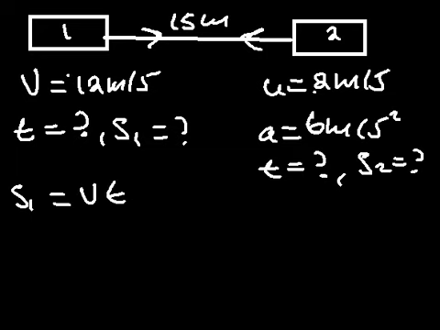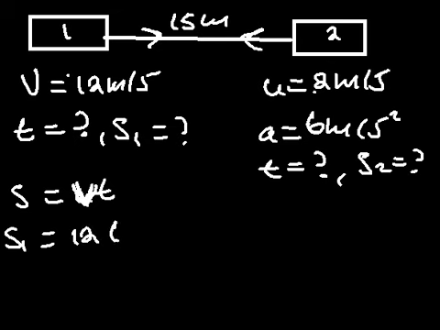The formula for displacement is s equals ut, since acceleration is equal to 0, and instead of u we can use v. So we'll have Vt, since the initial velocity is the same as the final velocity. So S1 is 12t. This is equation number 1.